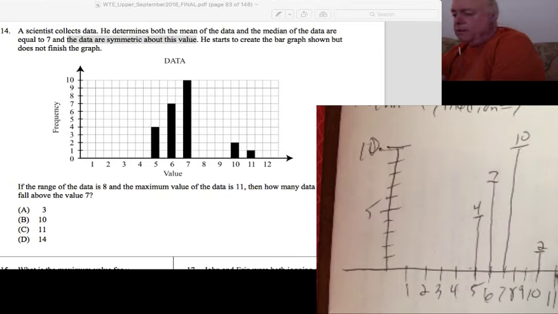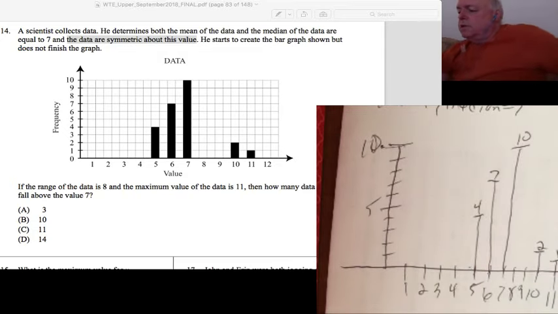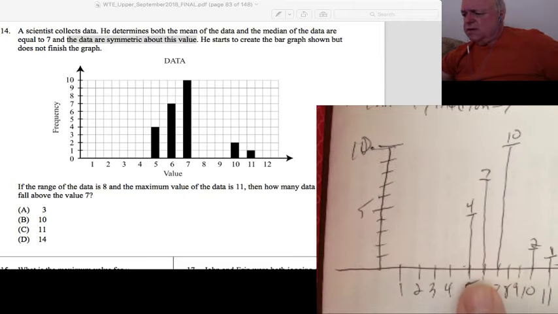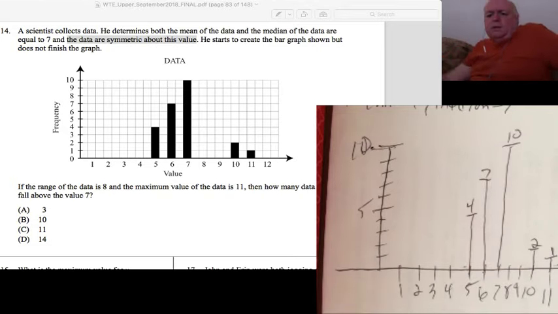And 11 goes to 1. All right, so this is my reinterpretation. Let me just see that. 11, 1, 10, 2, 7, 10, 6 is 7, 5 is 4. Okay, there we go.